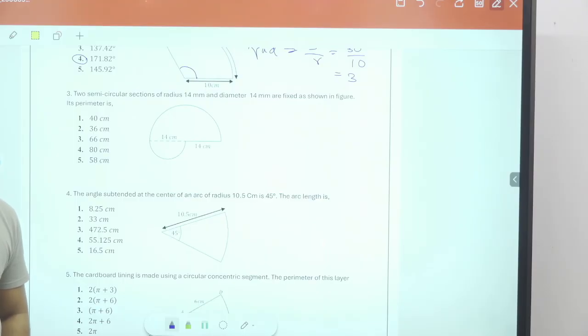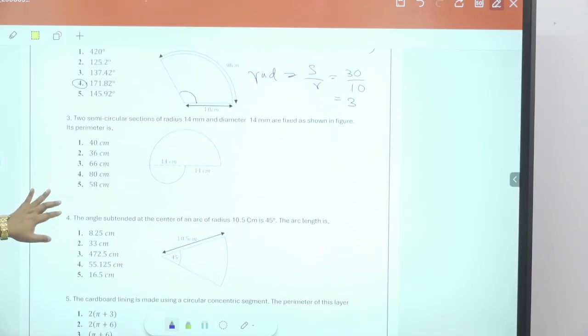What is the answer? Fourth. You got the same? Bros in the back, what is the answer? What do you got? 80. Fourth or fifth? Fourth. Shall we check it?